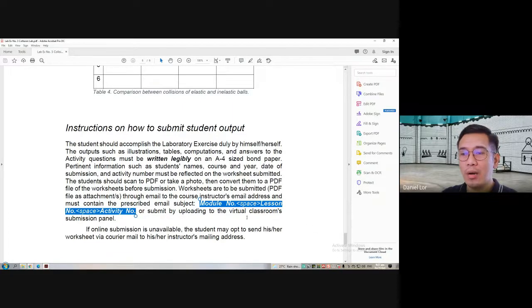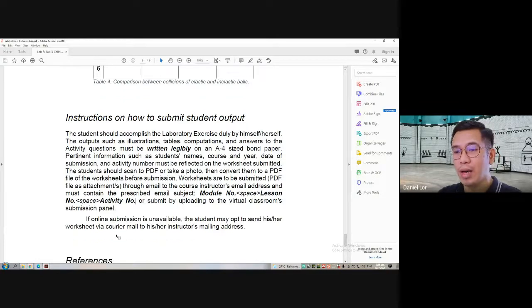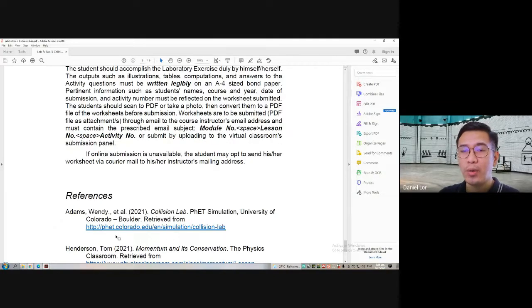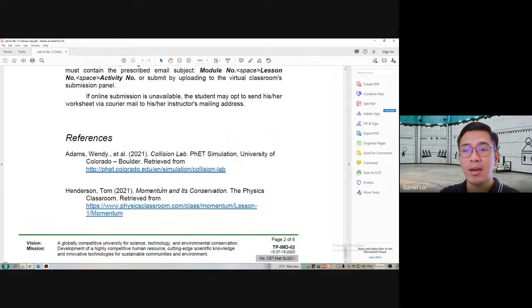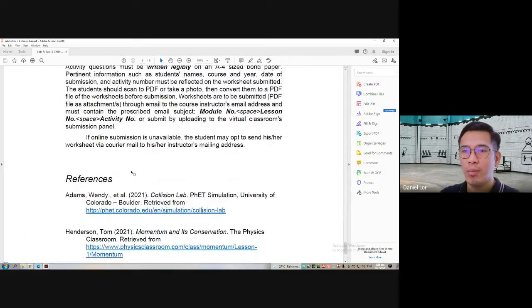So una atong unahon ang inyong last name, full name, last name, first name, middle initial, lab exercise number 2 before you submit it to me. If you cannot submit this lab report sa VSU EE, you may submit them through my email at daniel.lore@vsu.edu.ph. You can also explore these references for additional information about the topic of momentum.